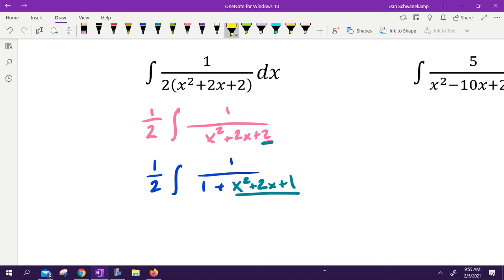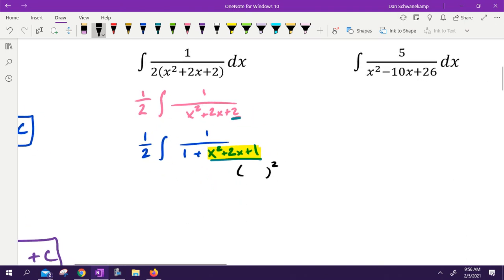So what that means is I need to rewrite that guy right there as something squared. So again, I've got 1/2 integral 1 over 1 plus... Can I rewrite this x squared plus 2x plus 1 as something squared? It is, think about it. It's a trinomial.